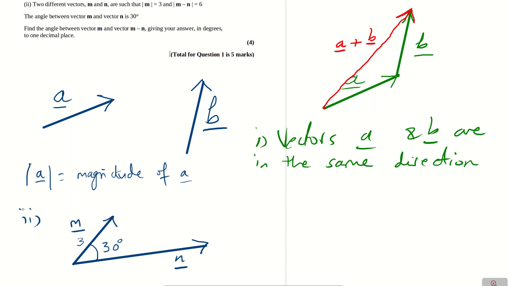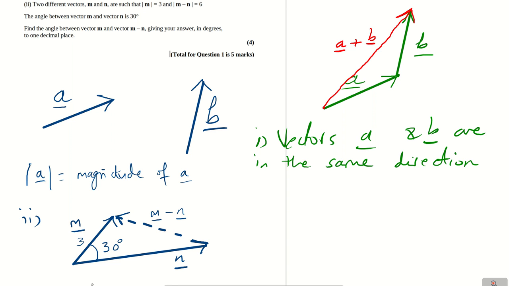Well, if I start here and I go to there, then I've gone n. If from the end of n I then go along like this, to there, then that vector there is actually the vector m minus n.